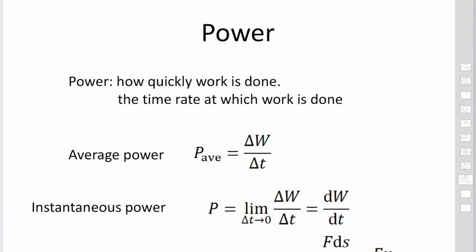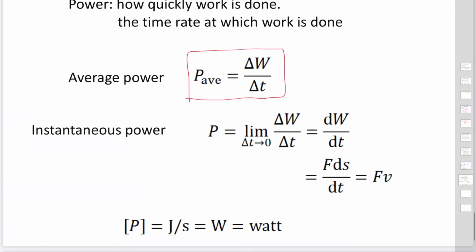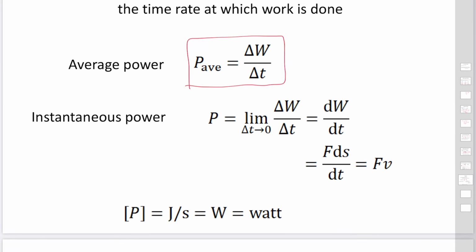The final topic in this session is power. Power is how quickly work is done, the time rate at which work is done. Average power is delta W over delta t. This is the definition of average power. Once we define average power, we can define instantaneous power using derivatives, taking the limit as delta t approaches 0.